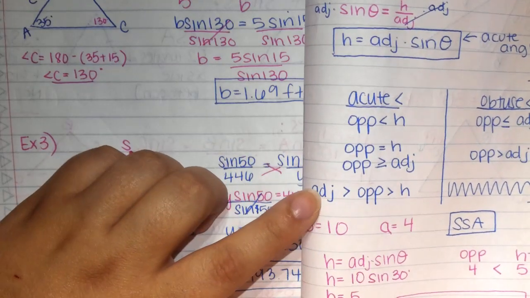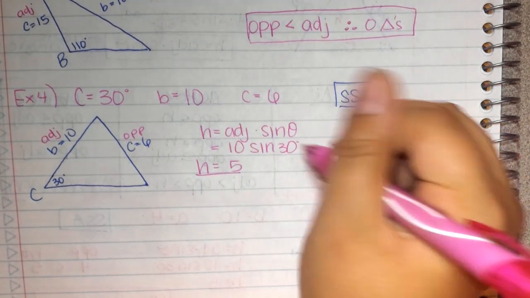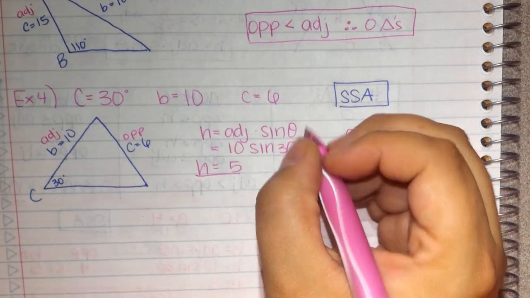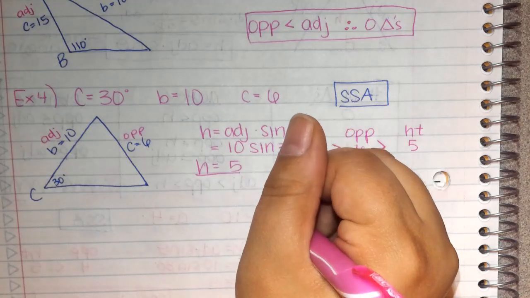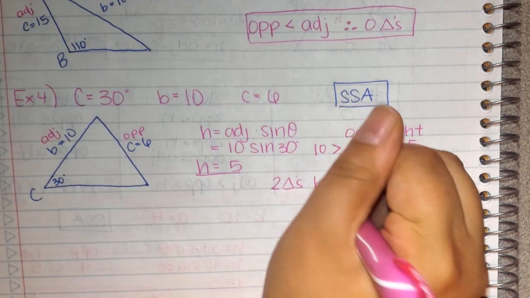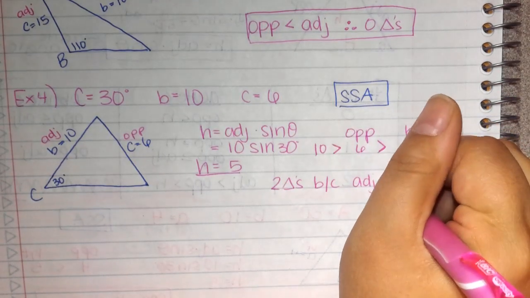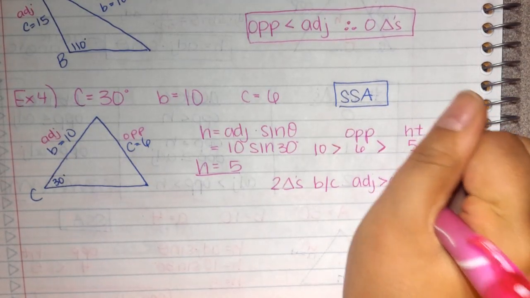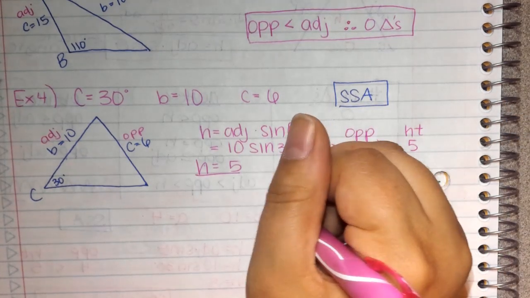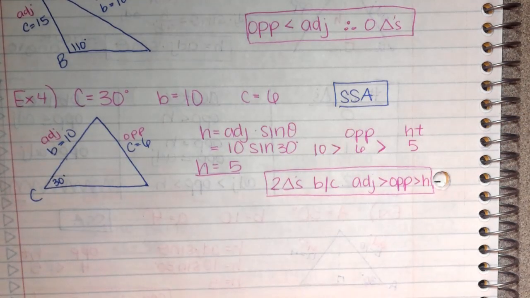Make sure, is it also less than the adjacent? Is that also less than the adjacent of 10? Yes. So this is going to be 2 triangles because, I'm writing it the opposite way here, your adjacent is bigger than your opposite, which is bigger than your height. Again, if you wrote it backwards, that's fine.